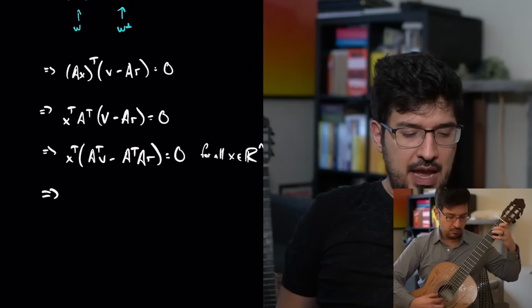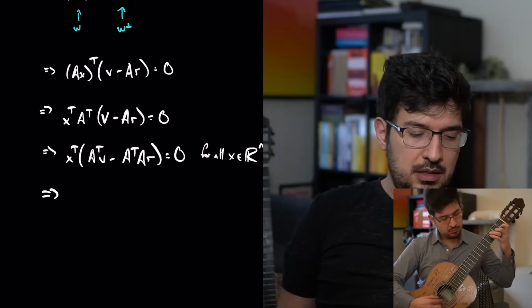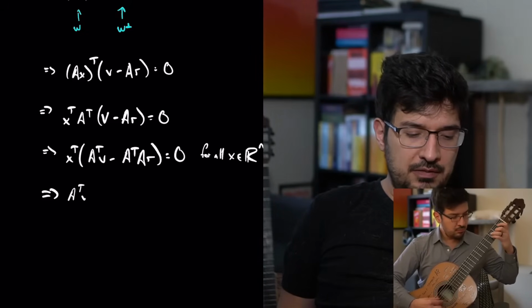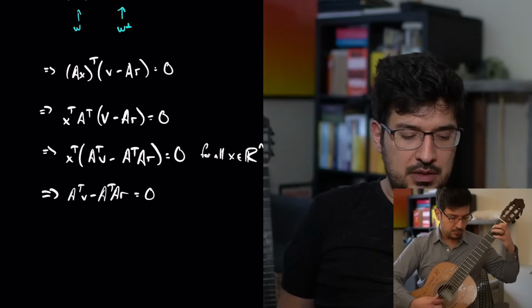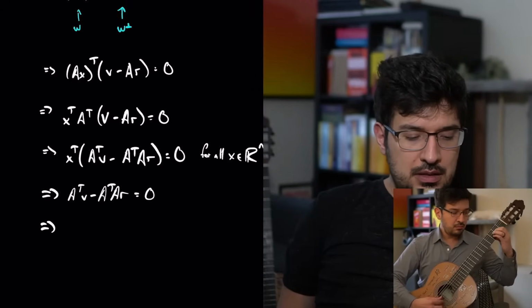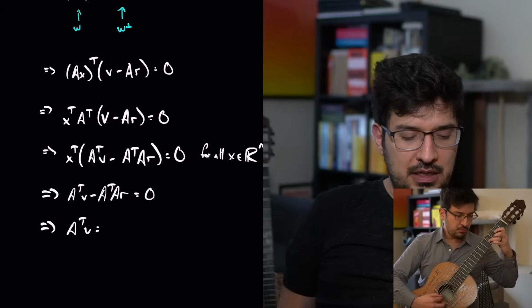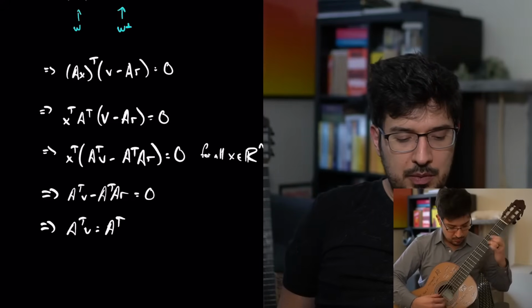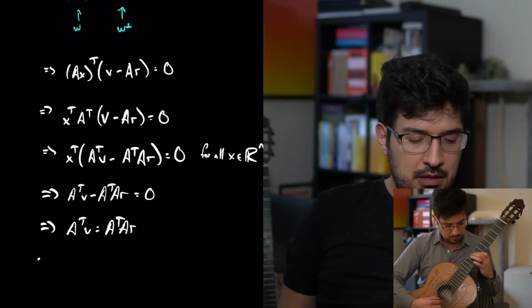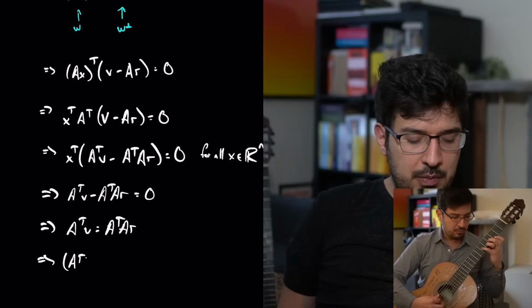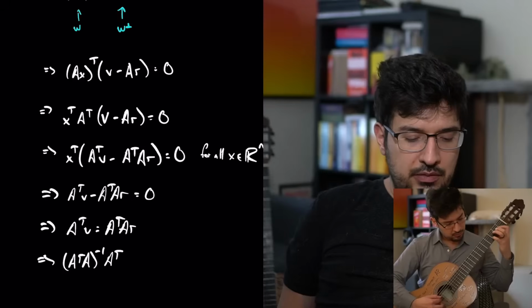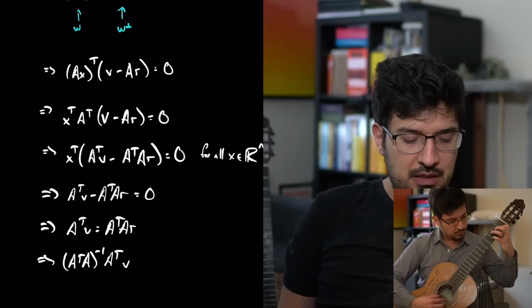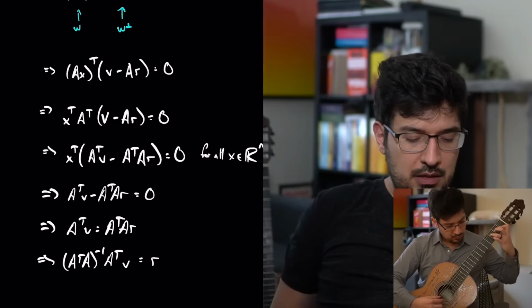This implies that this is only true if A transpose V minus A transpose A R equals 0. This implies A transpose V equals A transpose A R. And this implies A transpose A inverse A transpose V equals R.